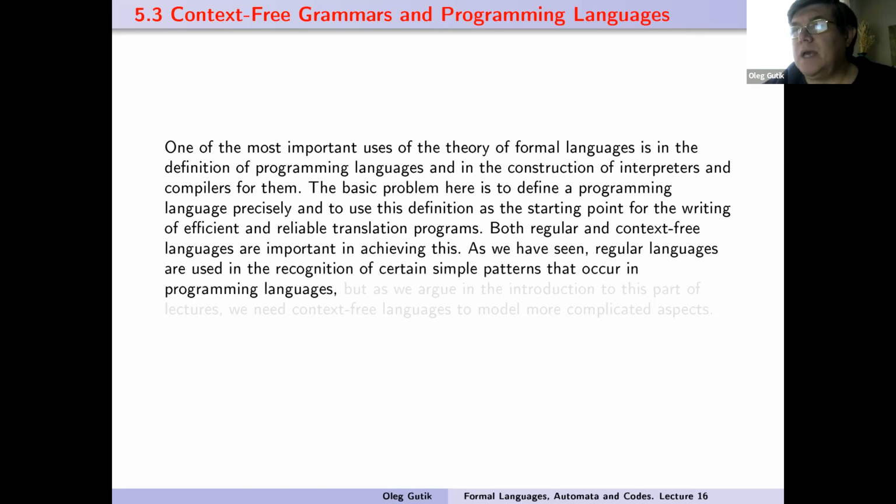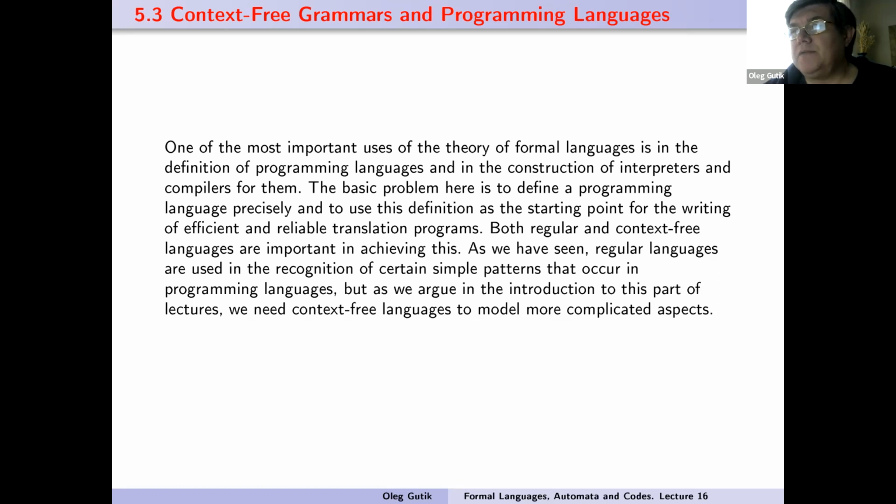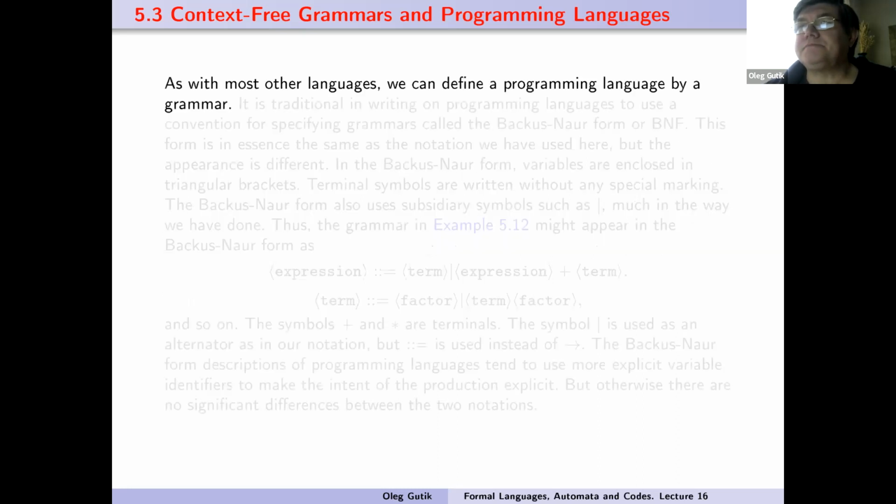As we have seen, regular languages are used in the recognition of certain simple patterns that occur in programming languages. But as we agreed in the introduction of this part of lectures, we need context-free languages to model more complicated aspects. As with most other languages, we can define a programming language by a grammar.